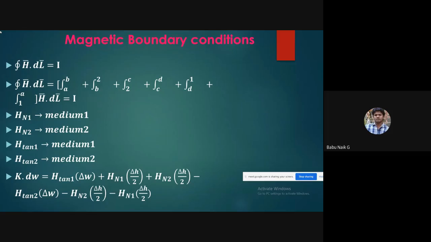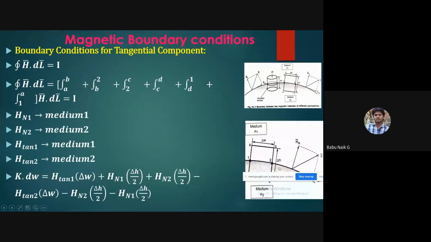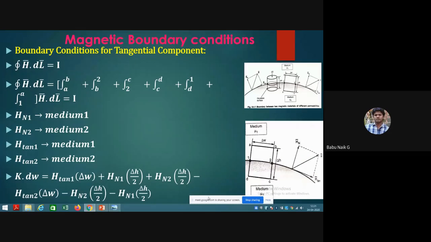So you can calculate the magnetic field intensity in the tangential direction. Now, consider this part as you can see in this figure.